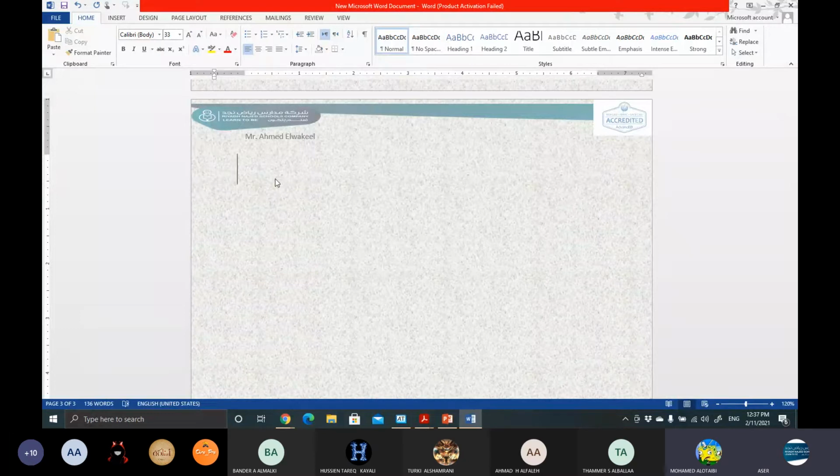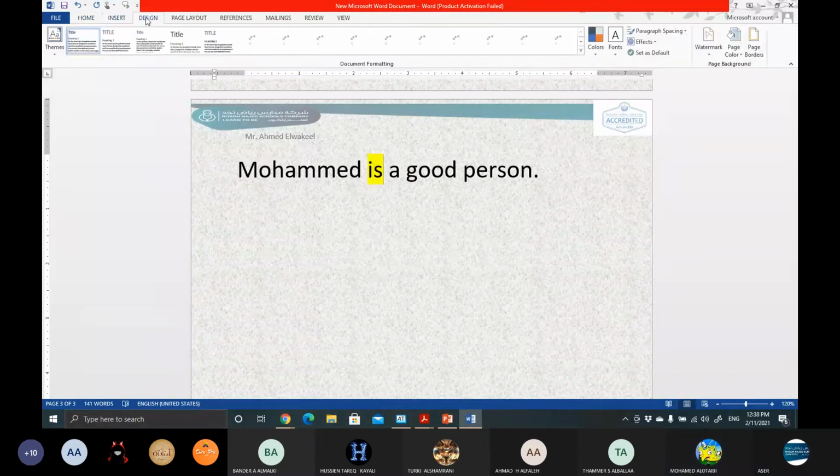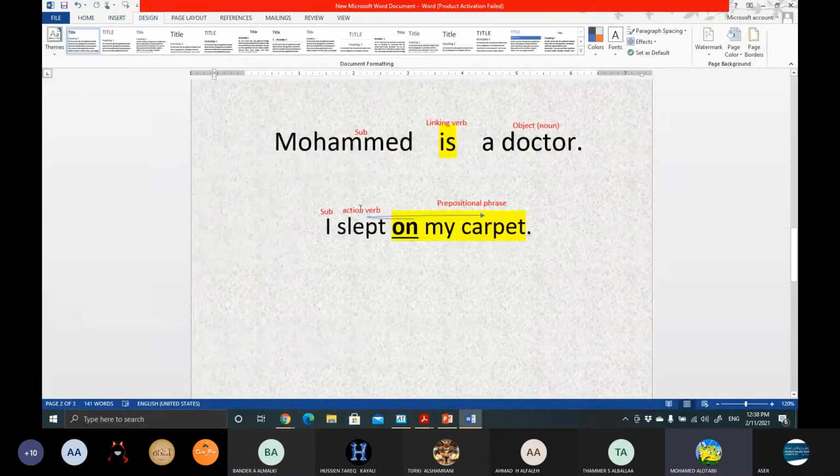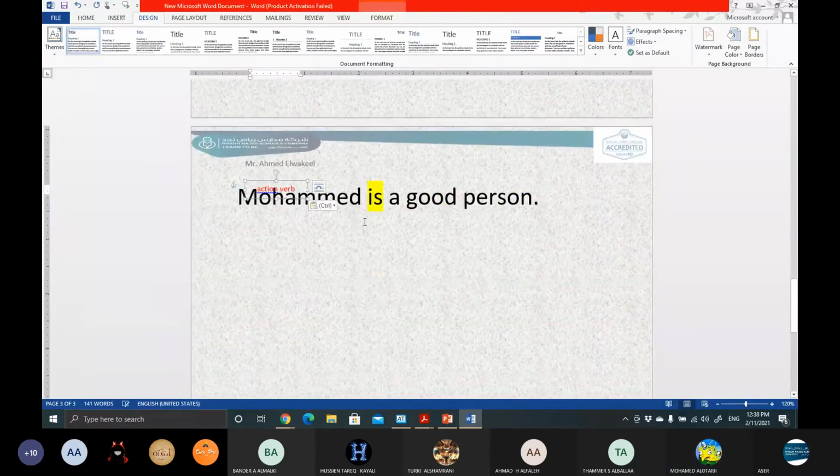For example, Muhammad is a good person. Great. Here is the linking verb. Excellent. And then it links between the subject and what you call the action verb.